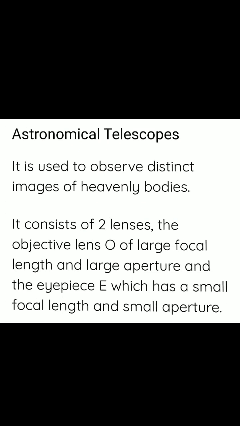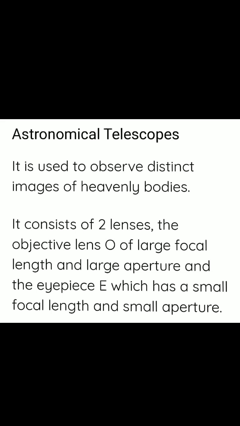The astronomical telescope is a refracting type telescope used to see heavenly bodies like stars, planets, satellites. It consists of two lenses, just the opposite of the compound microscope. Here also we use two convex lenses, one an objective lens and one an eyepiece.